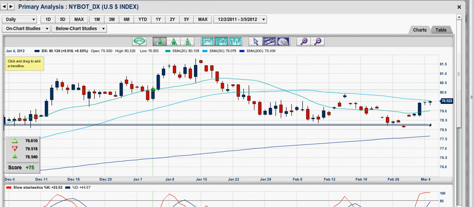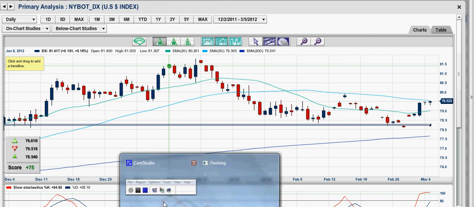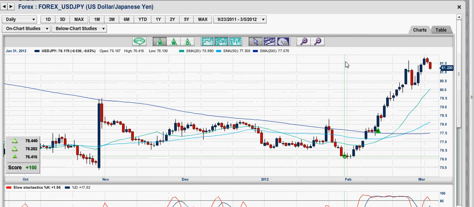Let me just go ahead and quickly pull up the US dollar Japanese yen chart. Alright, so the US dollar Japanese yen did pull back a little bit, and I was actually thinking that perhaps the US dollar would continue rallying as people would take their Japanese yen and put them into the US dollar, but if you think about it, both the Japanese Treasury bond and the US Treasury bond are seen with the same mentality of safety.